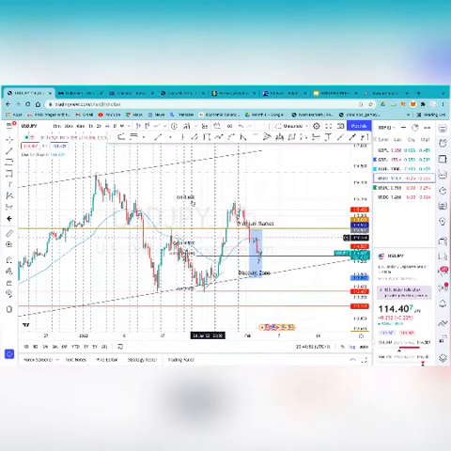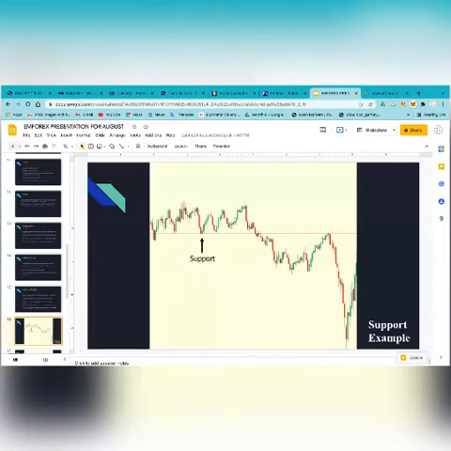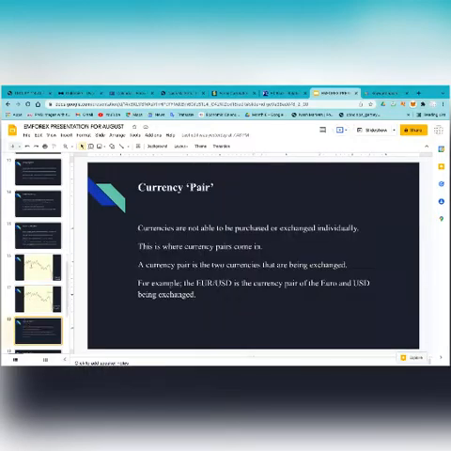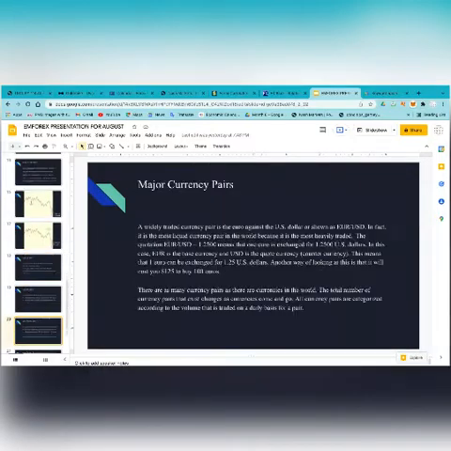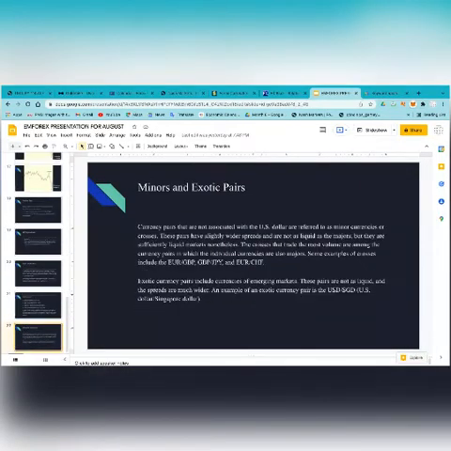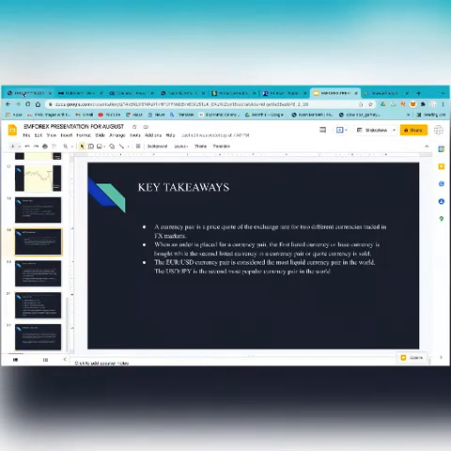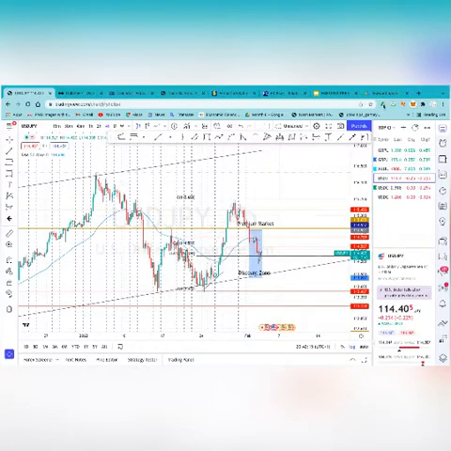Let me explain support and resistance, and then we'll wrap it up. The next topics are currency pairs: major, minor, and exotic. I'll take on support and resistance, and then we call it a day.